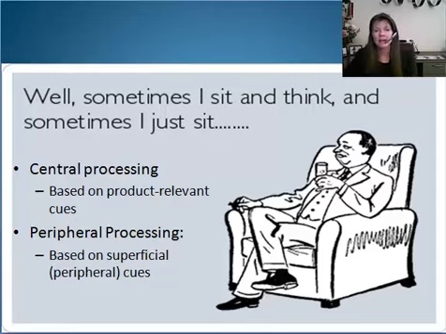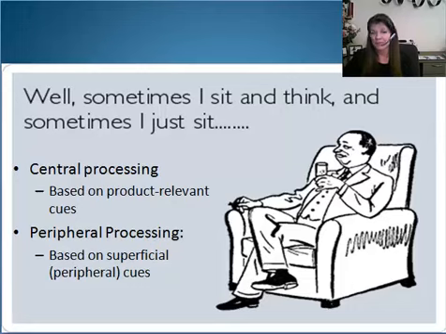The term for less effortful thinking is peripheral processing. Peripheral cues are more superficial ones, such as very simple heuristics. I'm going to buy this because it's what I always bought before. Certainly not the idea that you want to put a lot of thought into that, right? Quite the opposite.